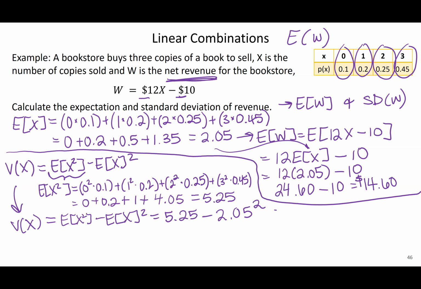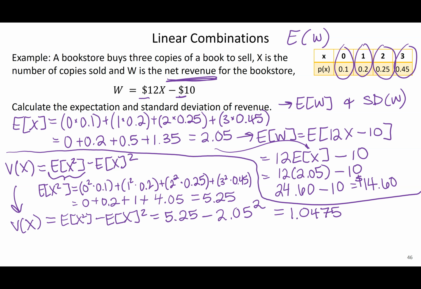So I end up getting something like 1.0475. Remember, x is in number of books sold, so you could say books if you wanted units. But remember, we want to find the variance or the standard deviation for revenue. So we're not quite done yet.